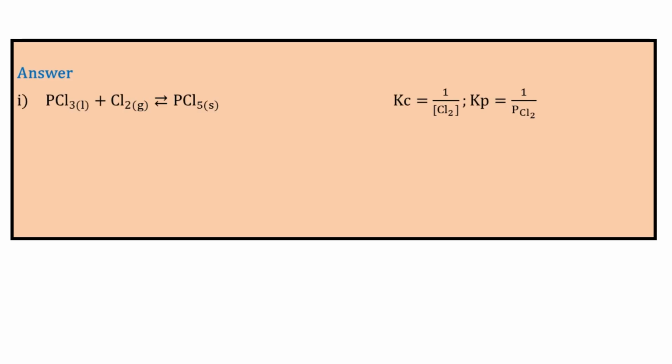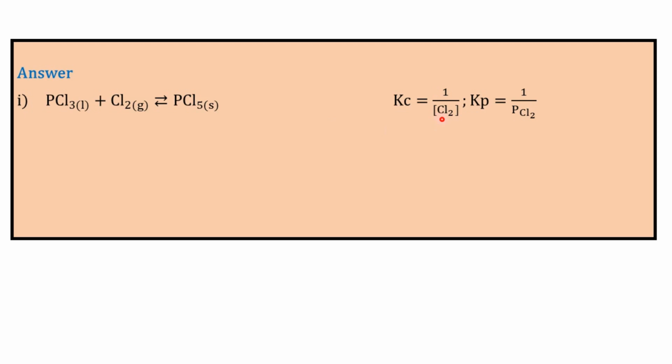If you check for reaction 1, we have the liquid, here we have the gas, and here we have the solid. So here it is in a heterogeneous phase, because we have the solid product and also we have liquid and gas in the reactant. So the reactant and product are in different phases.